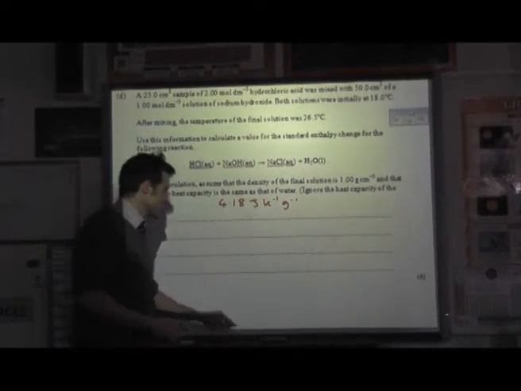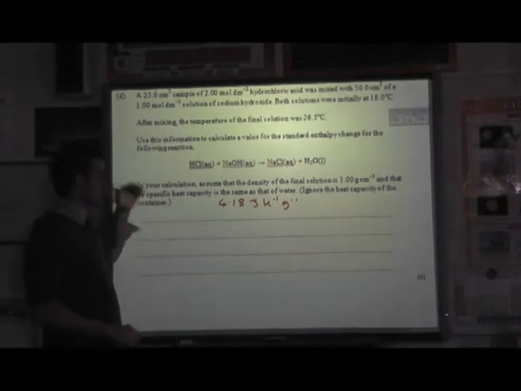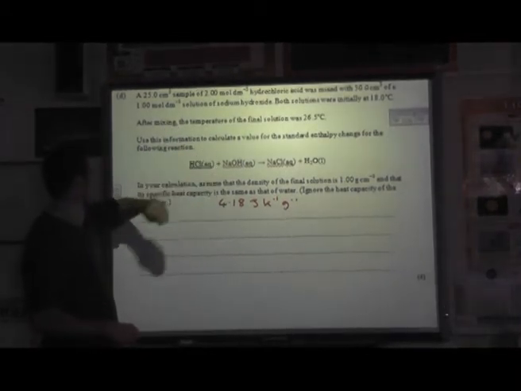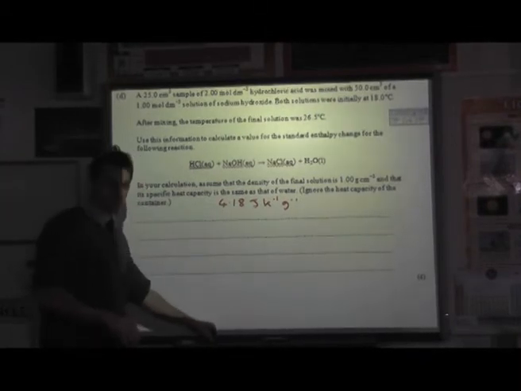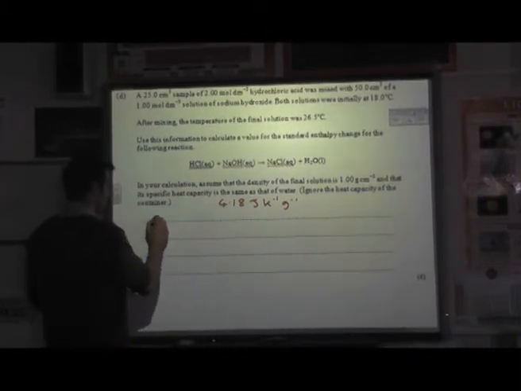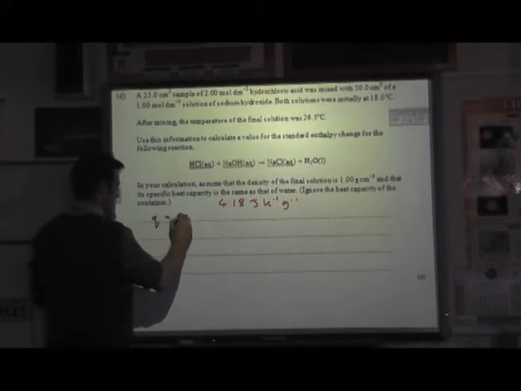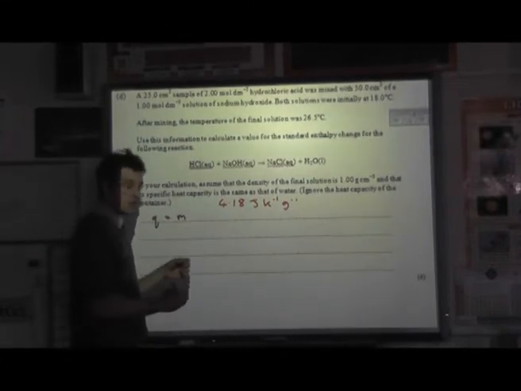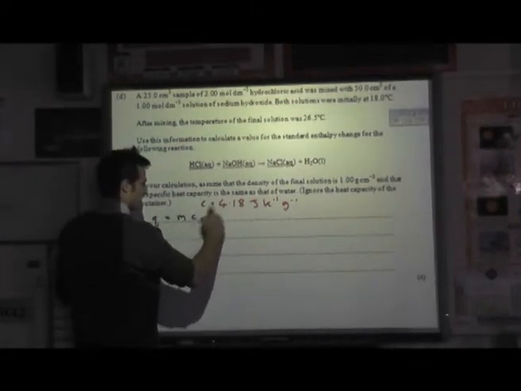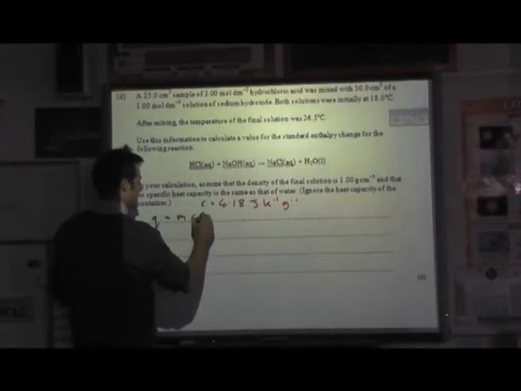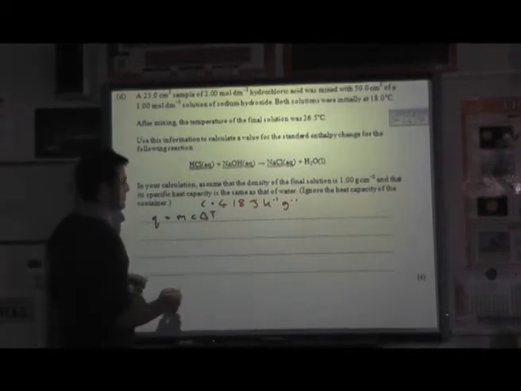So we've got all this data and we want you to work out the standard enthalpy change for the reaction. So the equation you're going to use for this is Q, which is the heat change, equals m, the mass of the thing you're heating up, c, which is the specific heat capacity of water, and then delta T. Delta always means change, in temperature.